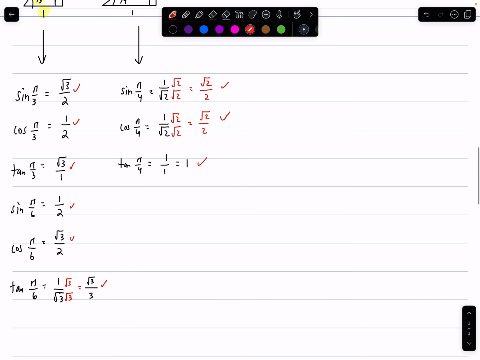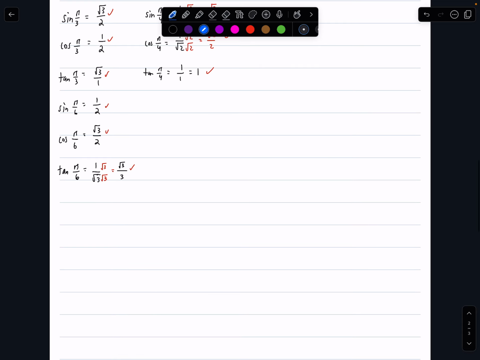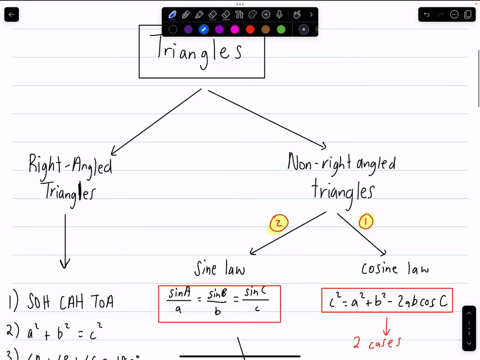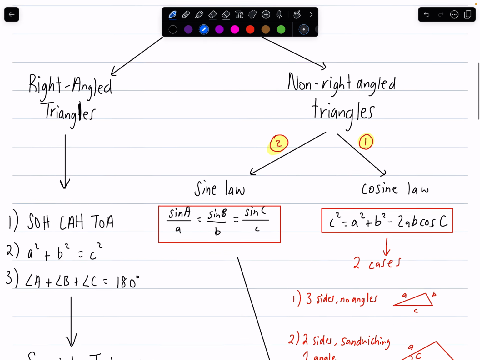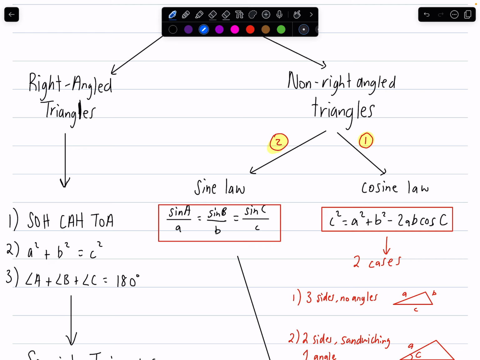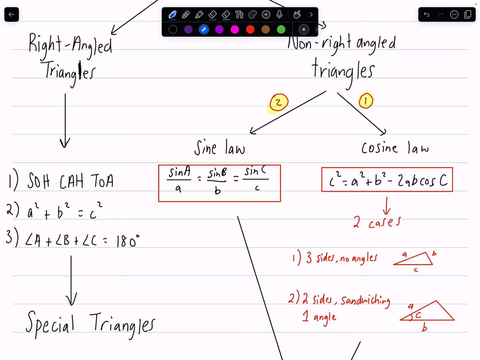So these over here are all just the primary trig ratios. Okay? So this is the basics, guys, when it comes to triangles. The first thing you want to determine is whether it is a right angle triangle or a non-right angle triangle. After you determine that, right angle triangles have a certain set of rules: SOHCAHTOA, Pythagorean theorem, and interior angle law. Non-right angle triangles have certain rules as well. It can only be sine law or cosine law. And the key is we want to use cosine law first to determine if it's one of those two cases: either 3 sides with no angles, or 2 sides sandwiching one angle.